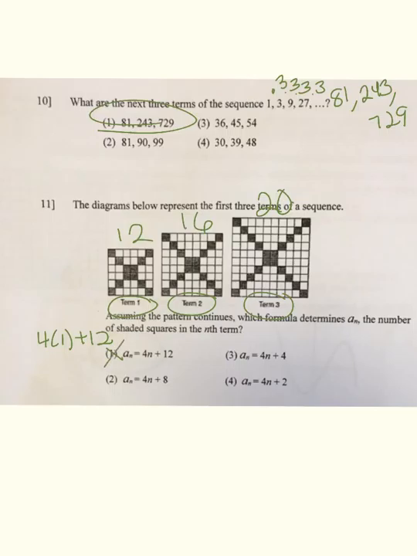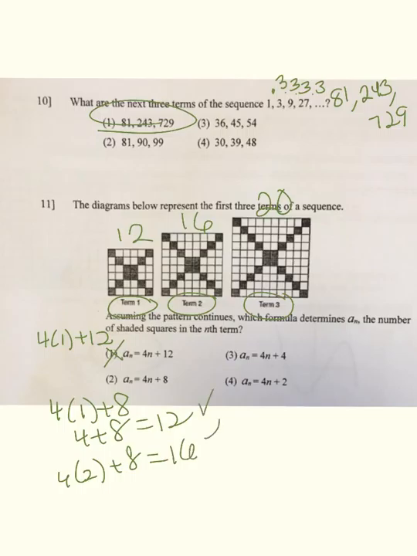So that's out. 4 times 1 plus 8 is 4 plus 8. That's equal to 12. 4 times 2 plus 8, that's equal to 16, so this works. And 4 times 3 is 12 plus 8 is equal to 20. Bingo! We hit the jackpot in the second step, so we're good. Choice 2 is the obvious answer.